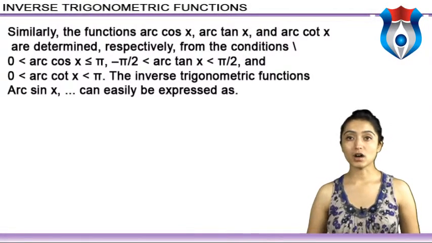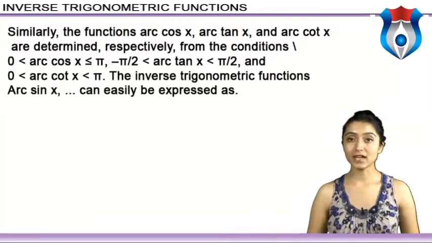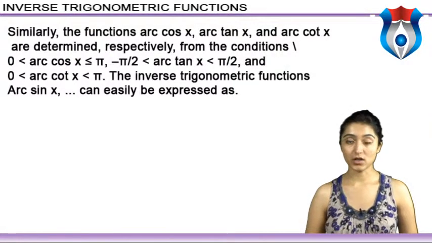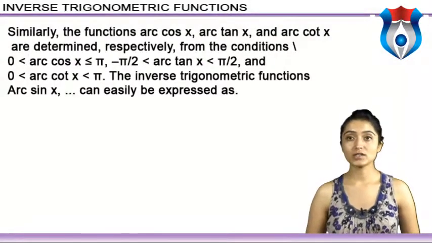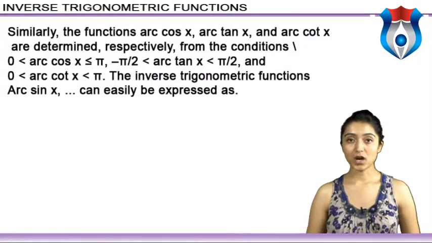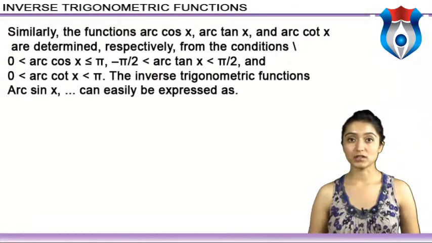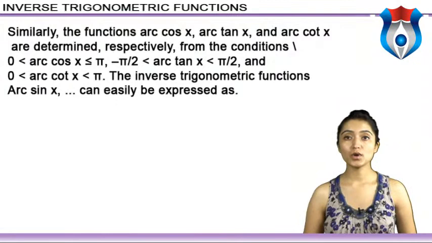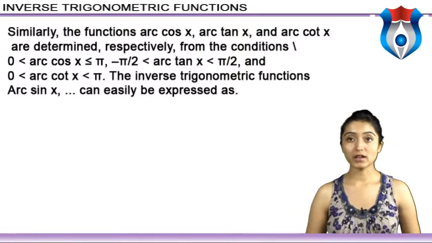Similarly, the functions arc cos x, arc tan x and arc cot x are determined respectively from the conditions arc cos x is greater than or equal to 0 and less than or equal to pi, arc tan x is greater than negative pi by 2 and less than pi by 2, and arc cot x is greater than 0 and less than pi.